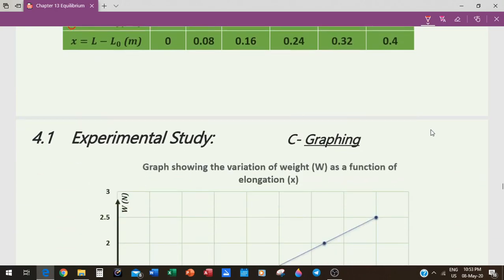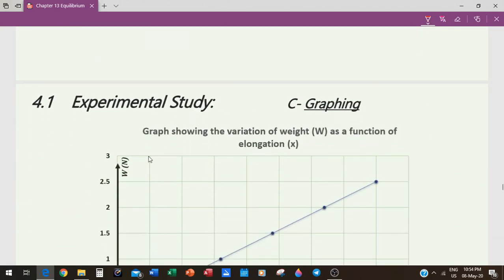When we plot these values on a graph, as you can see here, the graph shows the variation of weight as a function of elongation.